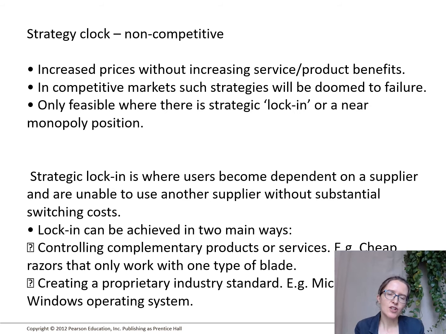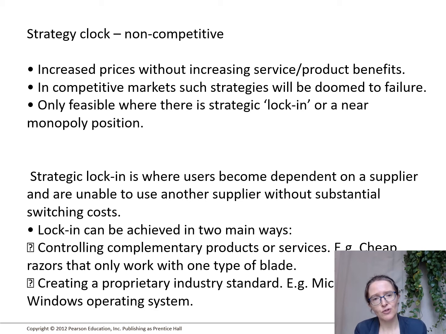And then in the strategy clock, what we also saw was that section of non-competitive strategies. This involves increasing prices without increasing service or product benefits. In competitive markets, such strategies will be doomed to failure.